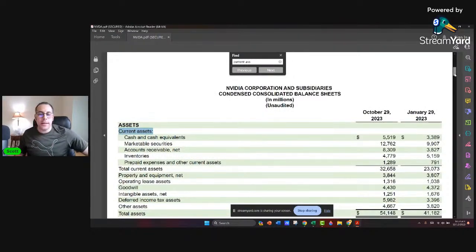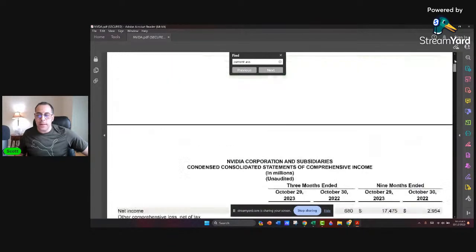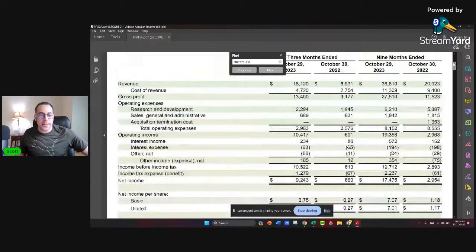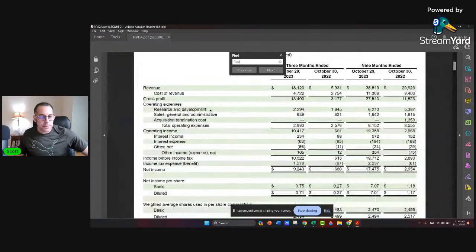Even if I don't want to look at the balance sheet, because sometimes it's hard to find where the financials are. This happens to be in the beginning, but sometimes in the middle of the document. But current assets, I just search because it doesn't pop up too much. Like if you search cash, you're going to have like 200 hits. But current assets is kind of a unique term.